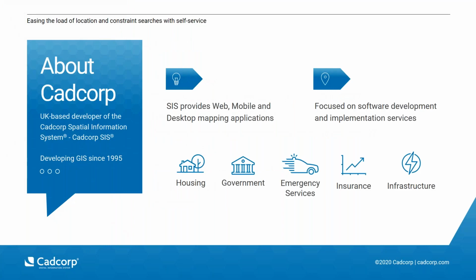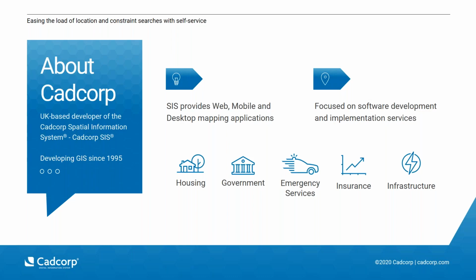So CAD Corp, for those who aren't aware, are a UK-based software company that developed the Spatial Information System, or CAD Corp SIS, which provides desktop GIS used for capturing and analysing spatial data, but it also includes web and mobile applications which allow for the sharing, visualization and analysis of spatial information over the web.